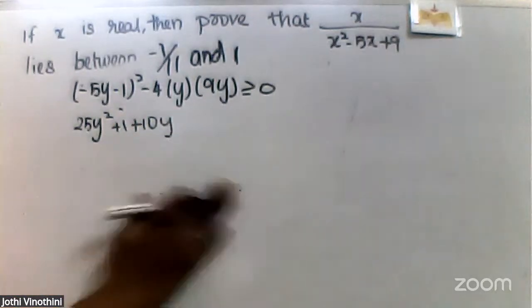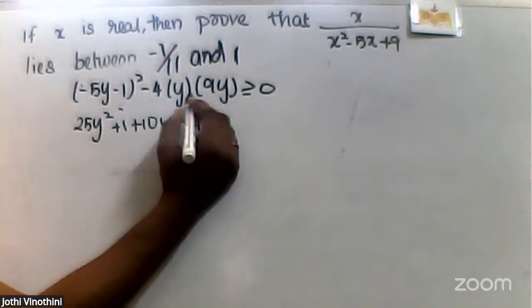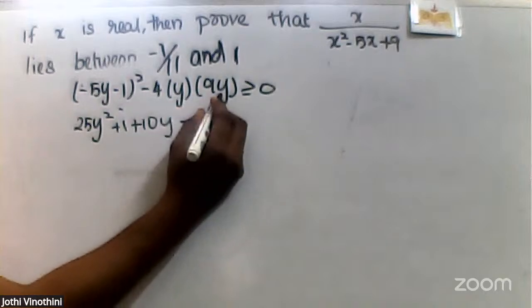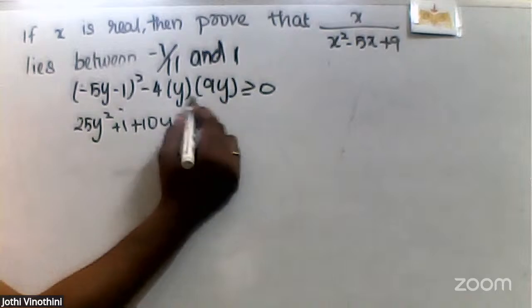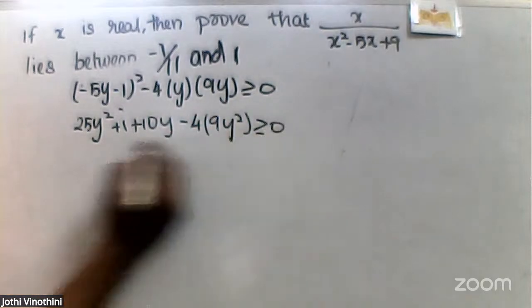Now I am going to multiply these two. So 4 into y into 9y, 4 into 9 is 36, so 36y squared must be greater than or equal to 0.